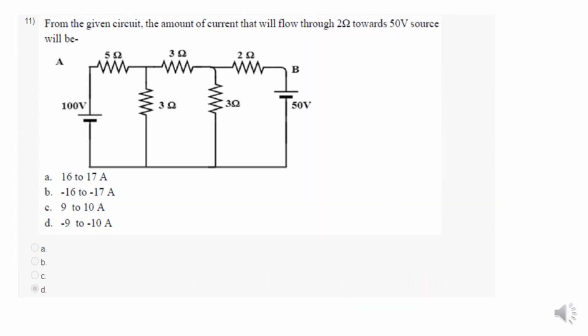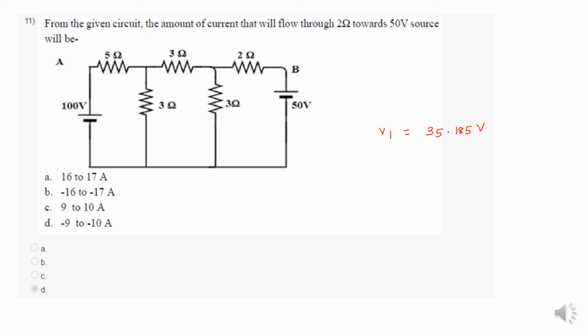From the given circuit, the amount of current that will flow through the 2 ohm towards the 50 volt source. Already we got the answer for V1, isn't it? V1 equal to 35.185 volt. Okay, next I am going to find out V2.